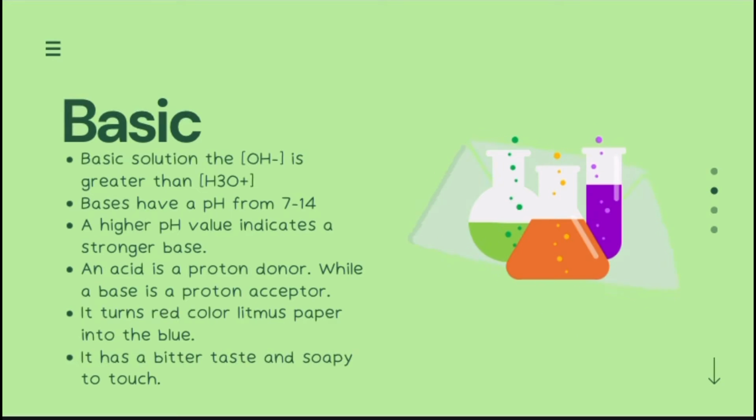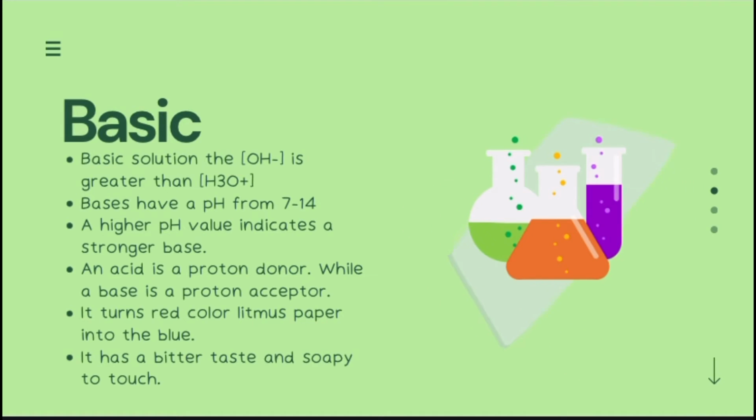In a basic solution, the OH concentration is greater than the H3O concentration, and bases have a pH level from 7 to 14. A higher pH level indicates a strong base, and an acid is a proton donor, while a base is a proton acceptor.